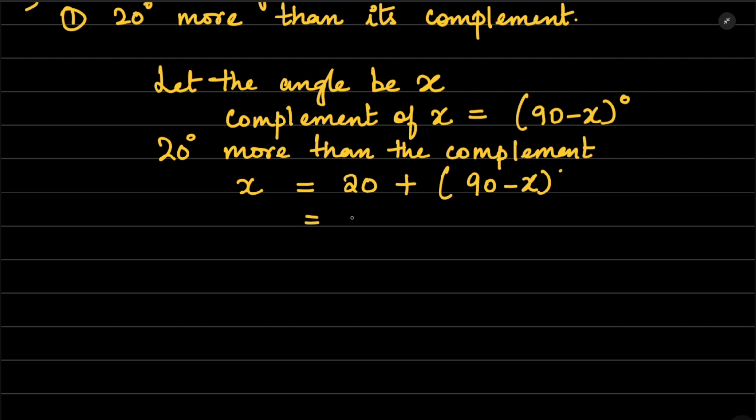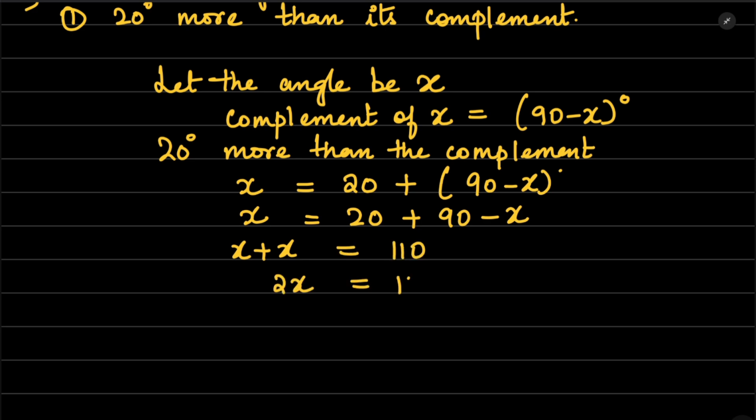So x equals 20 plus 90 minus x. Take your minus x to the LHS, which will be x plus x equal to 90 plus 20, 110. So 2x is equal to 110, x is equal to 110 divided by 2, so 55 degree. So the answer is 55 degree.